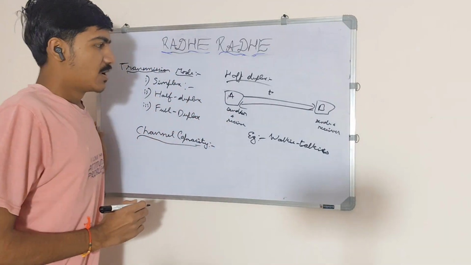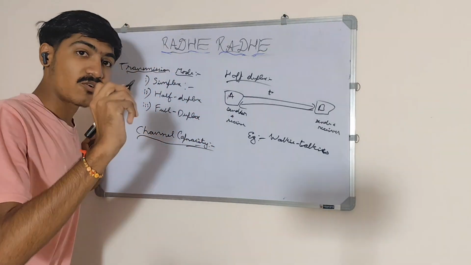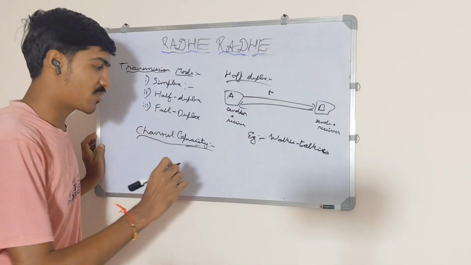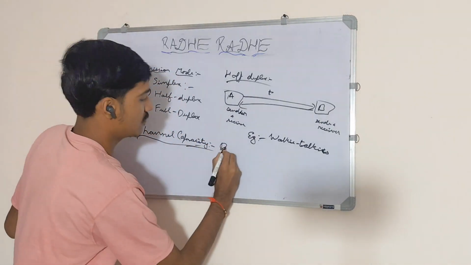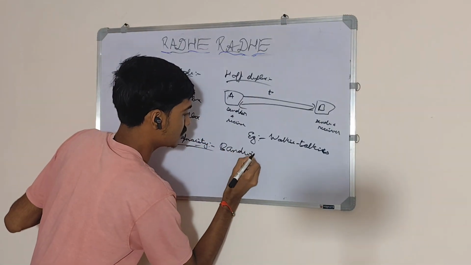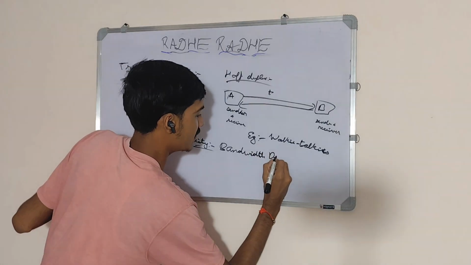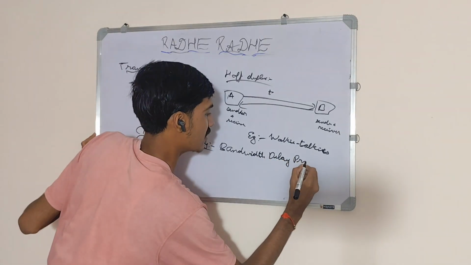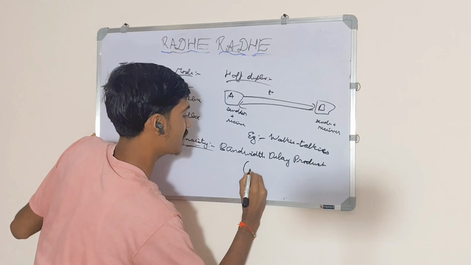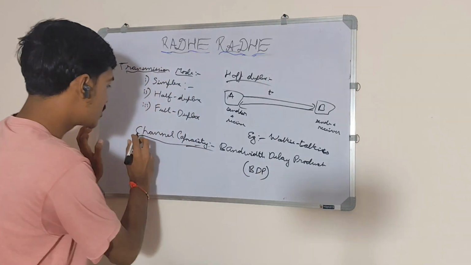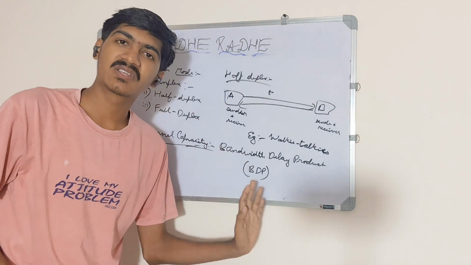This channel capacity is also mathematically known as bandwidth delay product, BDP. Channel capacity is also known as bandwidth delay product.